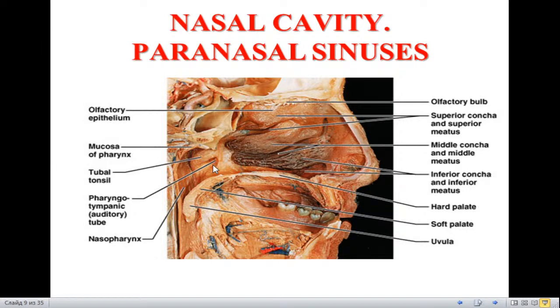In these parts of the pharynx we have the lymphoepithelial ring of Waldeyer-Pirogov, which consists of tonsils. These tonsils are unpaired and paired. Unpaired are pharyngeal and lingual, and paired tonsils are palatine and tubal tonsils.